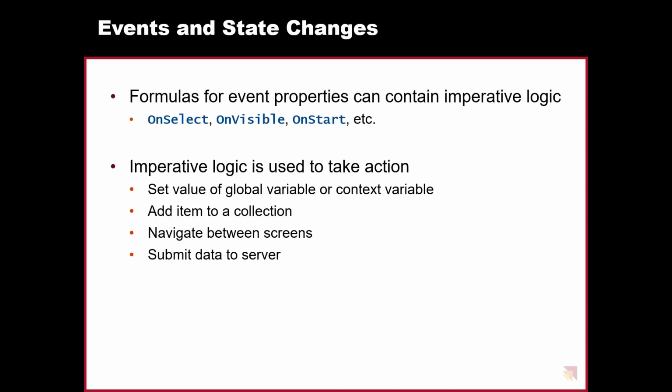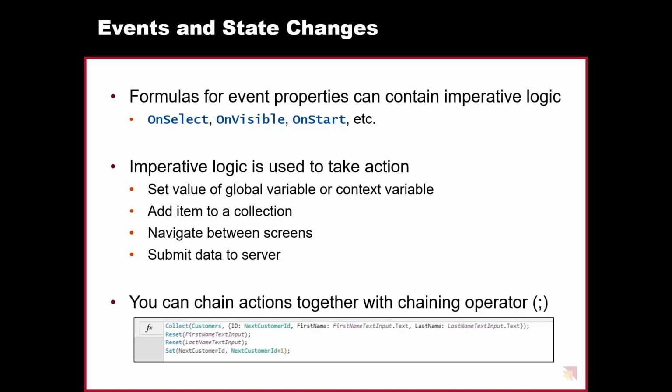We write formulas that basically determine the value of different properties. Now, there are some exceptions, and sometimes you write code that does something. It just does something to a variable or possibly to state in the server. So imperative actions are setting the value of a global variable, a context variable, adding one or more items to a collection, navigating between screens, possibly submitting data back to the server with a patch call.